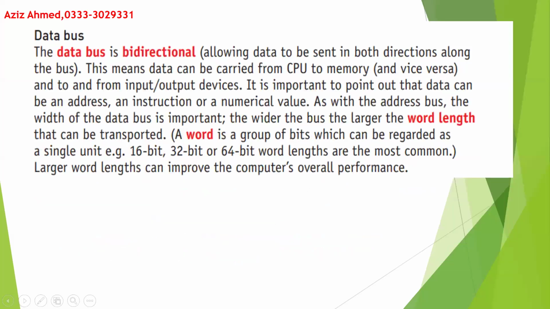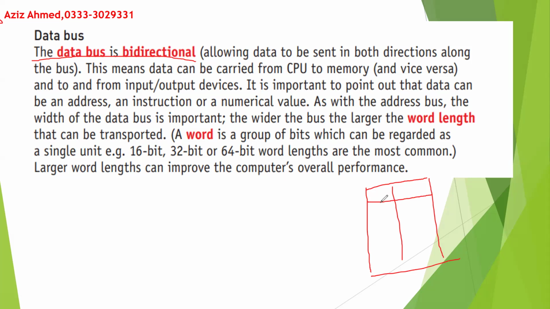Now the data bus. Basically, the data bus is bidirectional. As I told you, memory has 2 columns, one for address and one for content.